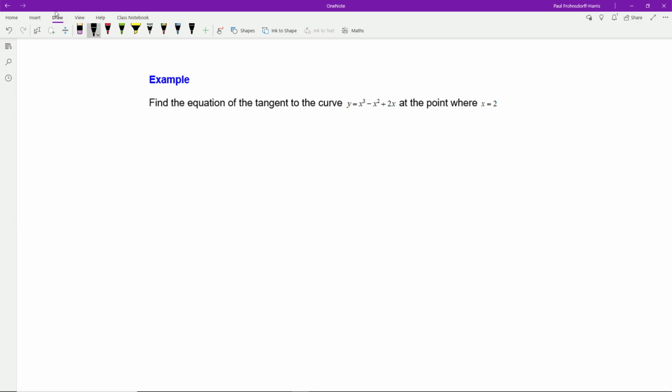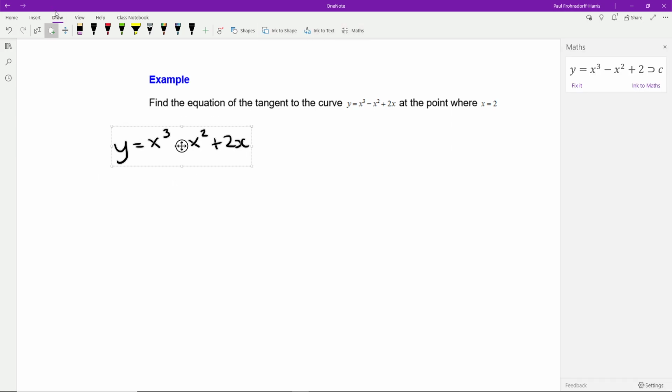The next one I'd like to do, we scroll down and we've got this example. So we've got a harder question, but we want to be able to follow it through. First of all, it might be useful for us to see what the equation looks like. So I'm just going to quickly remove myself to give us a little bit more space. And hopefully we'll now have space for me to write y equals x cubed minus x squared plus 2x. It doesn't quite like that last x. It hates it when I do curly x's. Really annoys me. So we'll do this and turn that into maths.